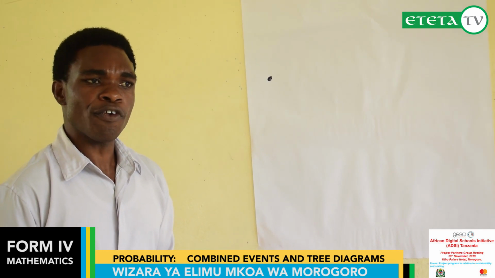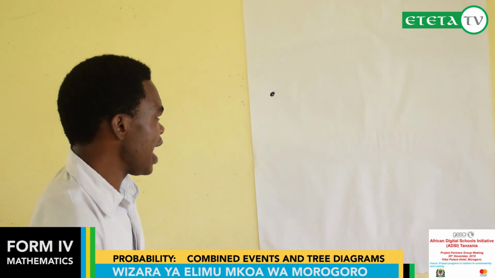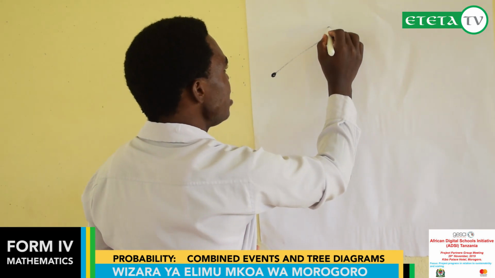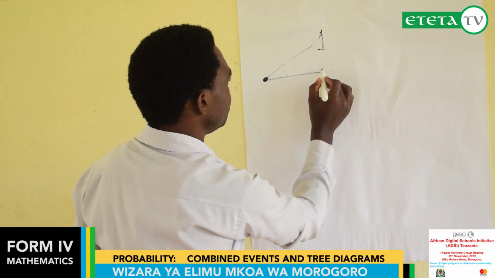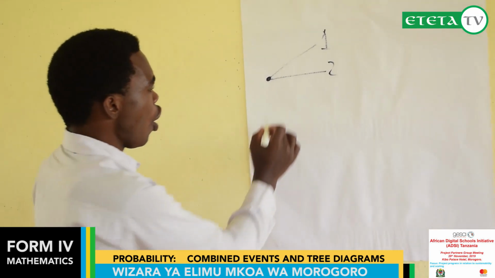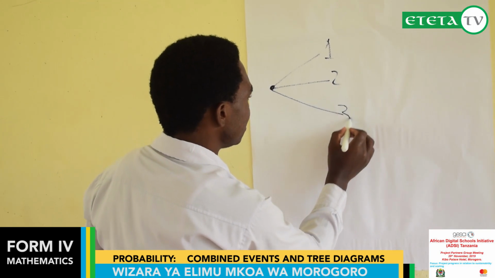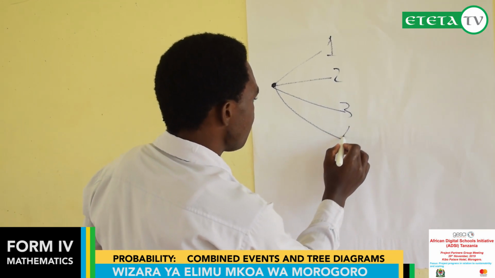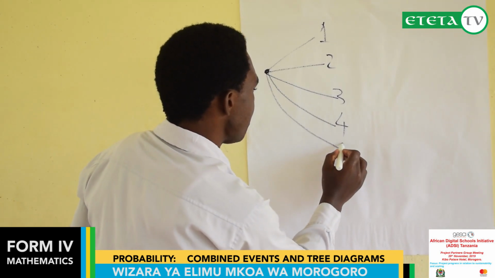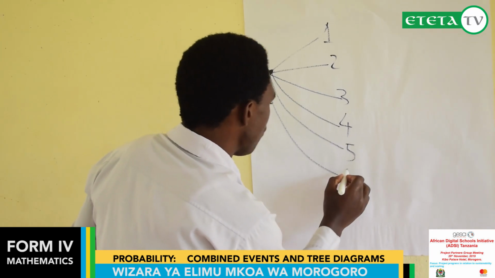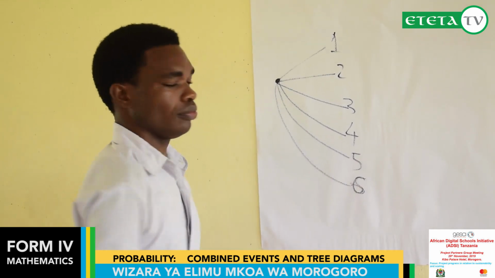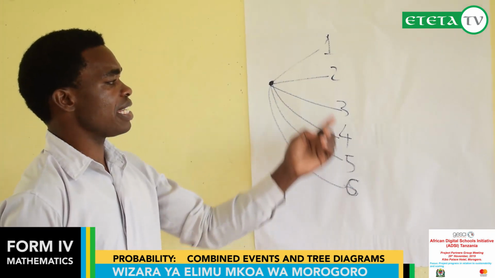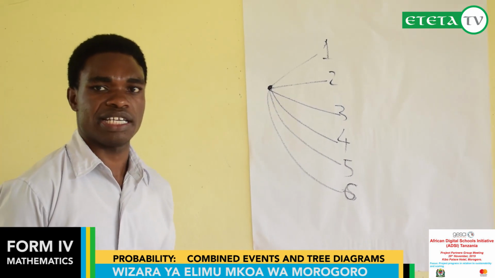Therefore, you can either observe 1, or you can observe 2, or 3, or 4, or 5, or 6. These are the numbers that you can observe from the die.